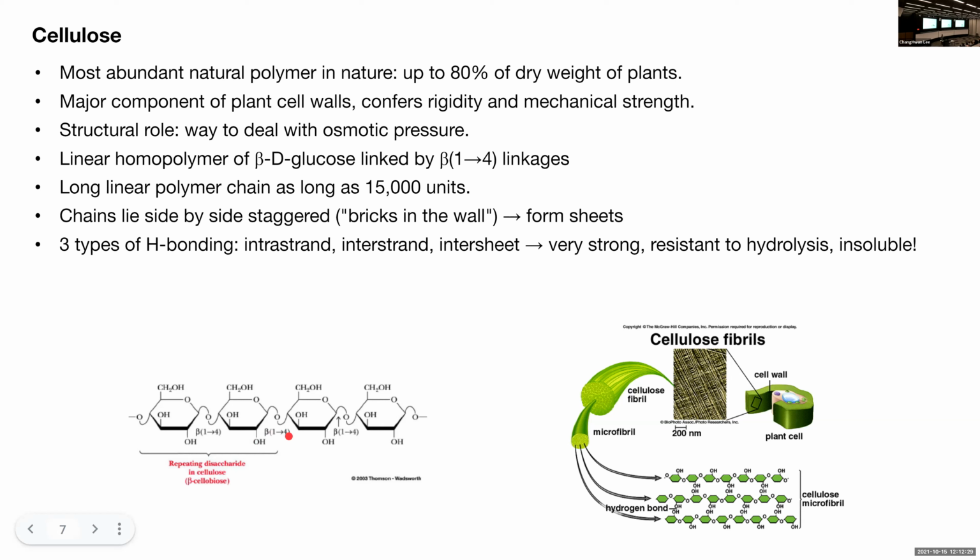Here's a hydrogen atom that you can't see, and here's a hydroxyl, and between them there can be hydrogen bonding. So this is called intra-strand H bonding. You can also have it between strands or sheets, so interstrand, intersheet hydrogen bonding. That all makes a really strong structure.